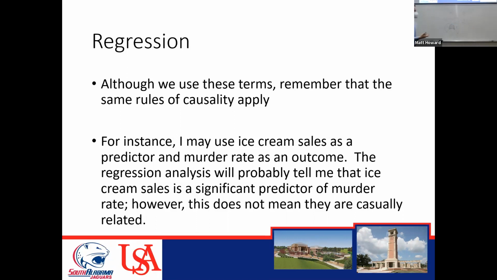Even though it designates these as predictors and outcomes, you still have to satisfy the other rules of causality. You can't collect cross-sectional data and try to claim causality, and you would have to rule out alternative explanations, such as, in the example of ice cream sales and murder rate, temperature as a possible explanation for those relationships.